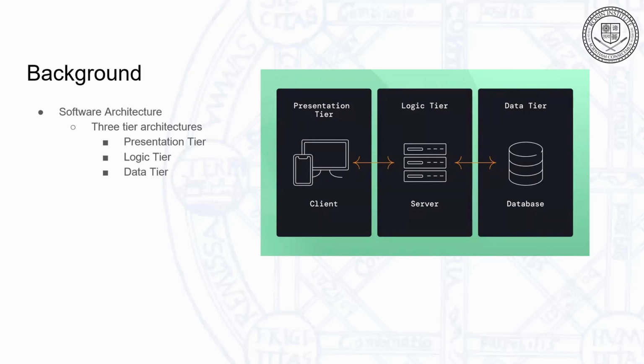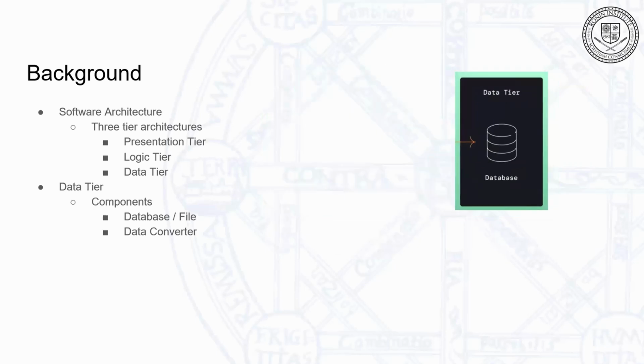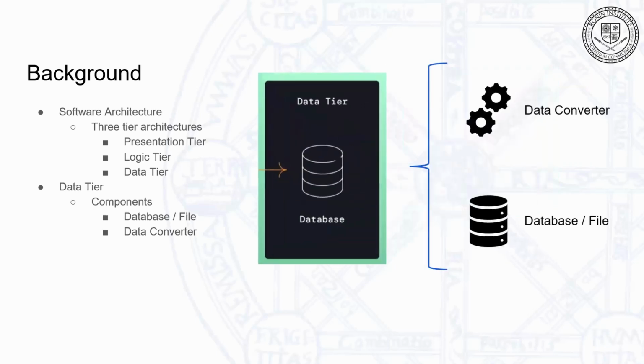The presentation tier contains components that enable user interaction. The logic tier, also known as the application tier, contains components that process information collected from the presentation tier. The data tier contains components that enable the storage and persistence of information processed by the application tier across application sessions.